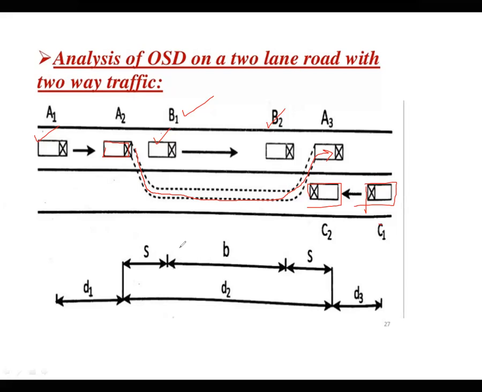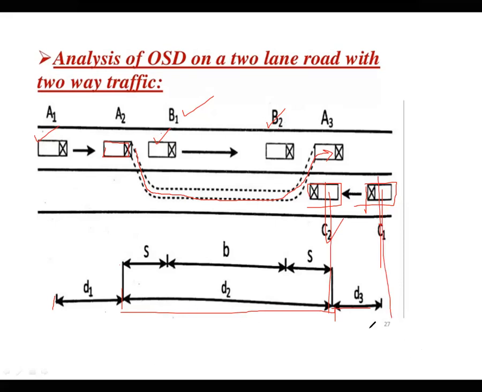So all these distances of the A and B vehicles are expressed by this diagram. D1 is the distance from A1 to A2, when a vehicle intends or thinks about overtaking the B vehicle. Then D2 is the actual overtaking distance when the vehicle changes lane, and D3 is the motion of the C vehicle.